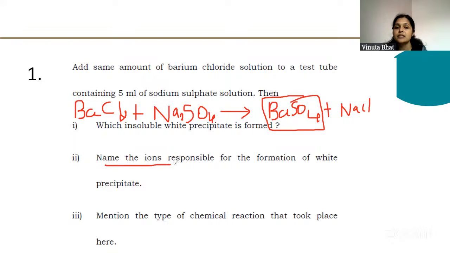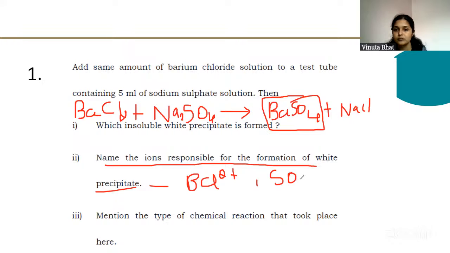Name the ions responsible for the formation of the white precipitate. Here barium ions and sulfate ions are responsible for the formation of this white precipitate. And mention the type of chemical reaction that took place here.